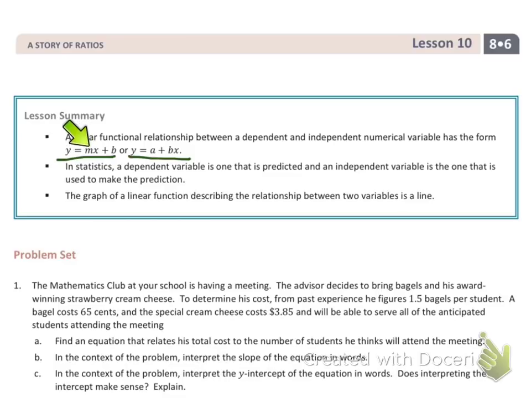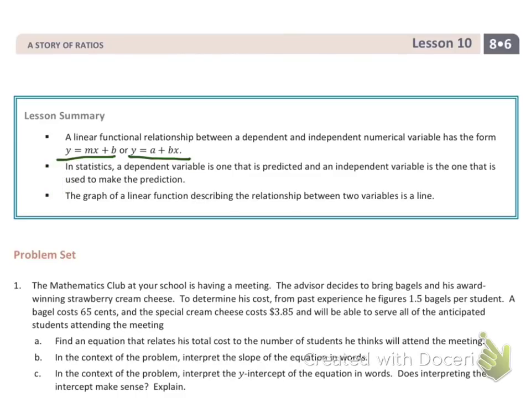So the coefficient of x is the slope. So when it's written like this, the b is the slope because it's the coefficient of the x variable. Okay, in statistics, a dependent variable is one that is predicted, and an independent variable is the one that is used to make the prediction. So it's the predictor and the predicted, once again.